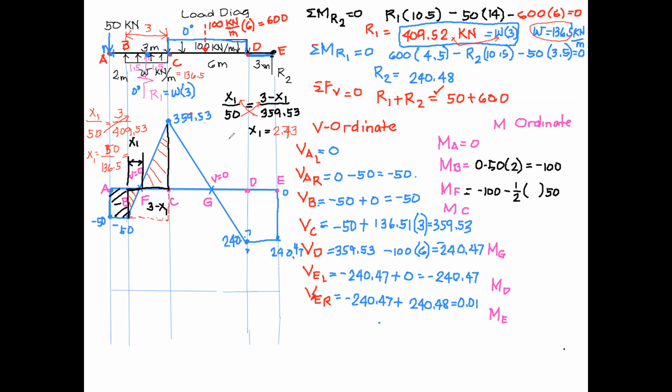Baka mali tayo. Mali ako. X is to 50 as the whole length, 3 is to the whole height, 409. Kung 136.5 divide by 50, bakit bumaliktad? Tama ba? Ano ba sagot dyan?